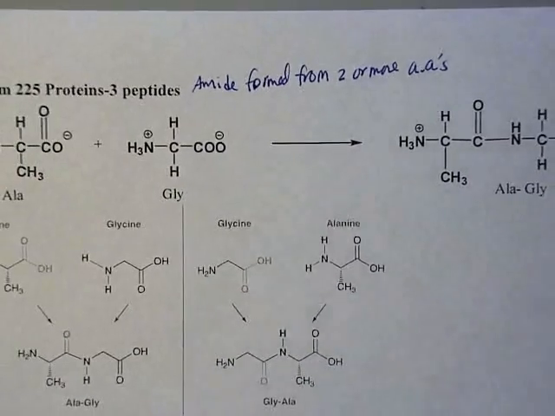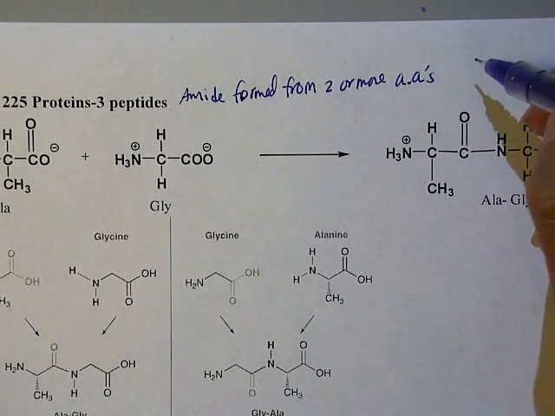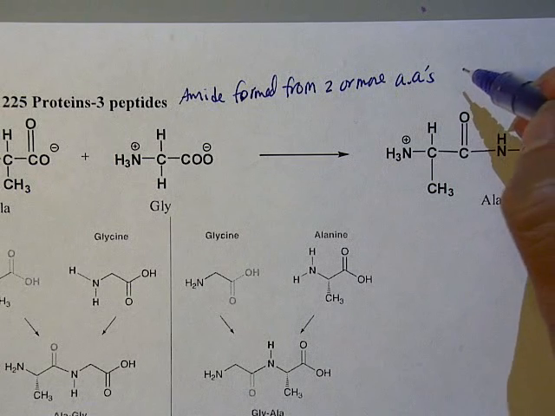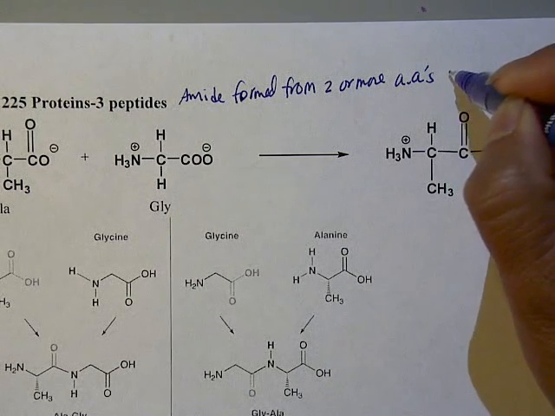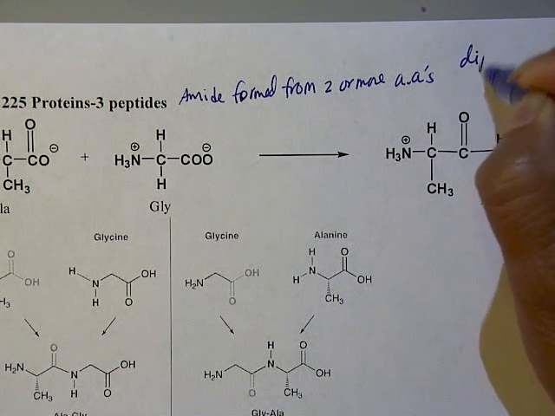So if two amino acids got together and formed an amide bond in between, you would make a dipeptide.